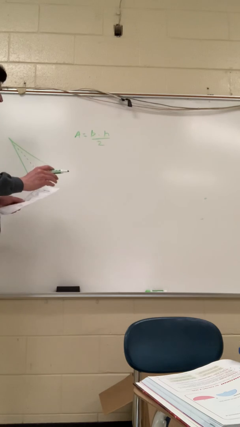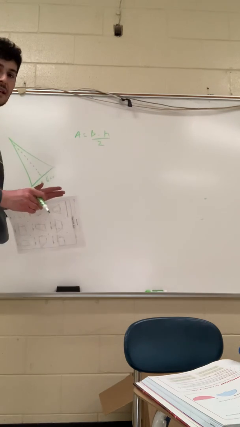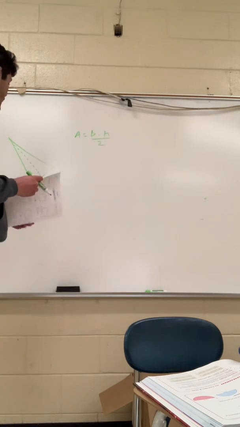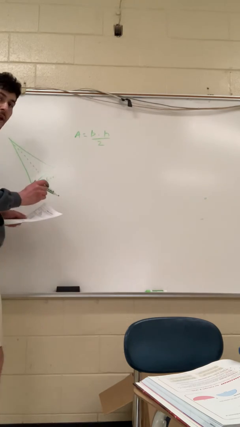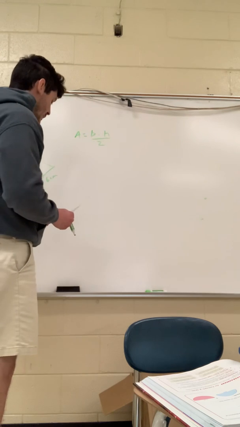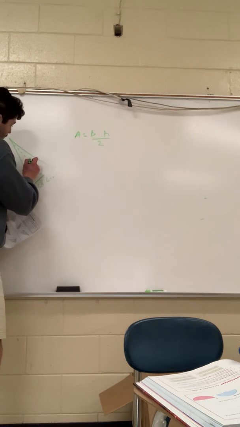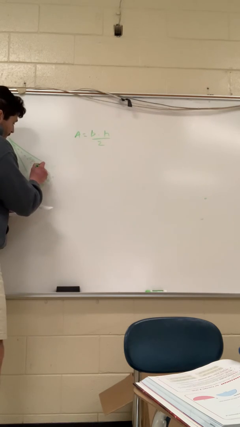Now, never ever use a slanted side as a height. If they're slanted, it's not height. So again, looking from my right angle, from the base to the top, that's my height, straight up. And my height in this problem is 450 millimeters.